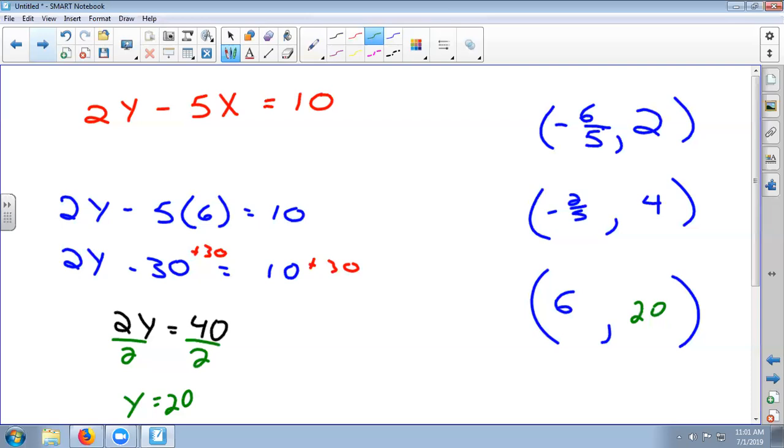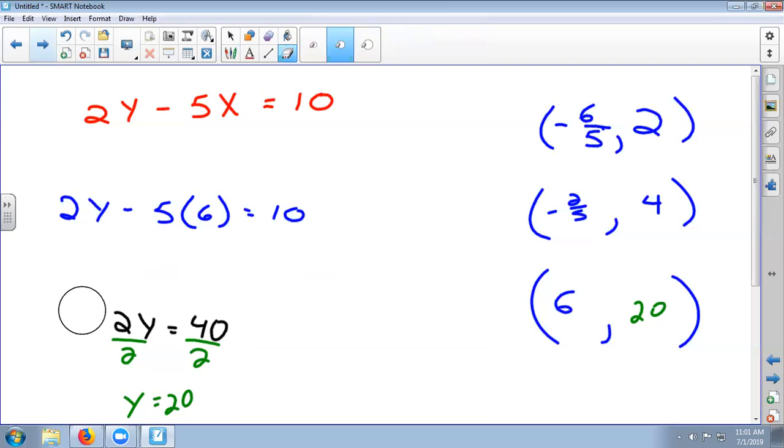But I don't want to graph 620 also. It's really high. Plug in a smaller number for X. Let's plug in -3. Okay. I have no problem with -3.